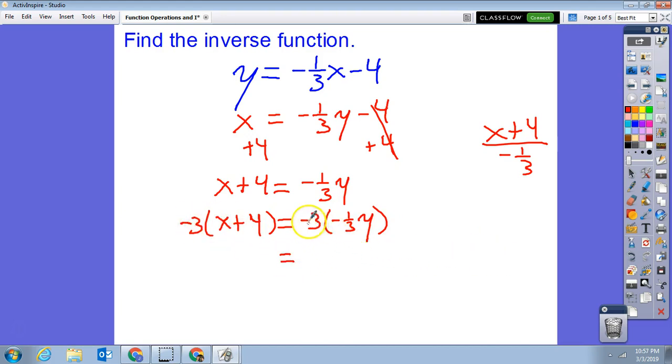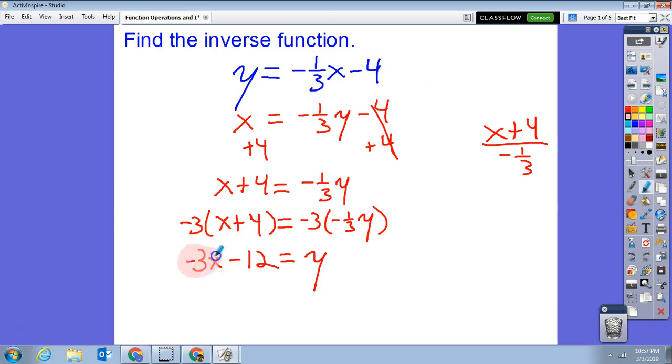So we end up, the negative 3 times the negative 1/3 cancels out to positive 1y on the right hand side. On the left hand side, we distribute the negative 3 times x. You get negative 3x. And then negative 3 times 4 is negative 12. So this function here is the inverse of the original function up here.